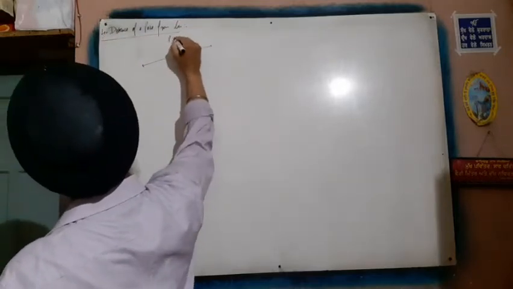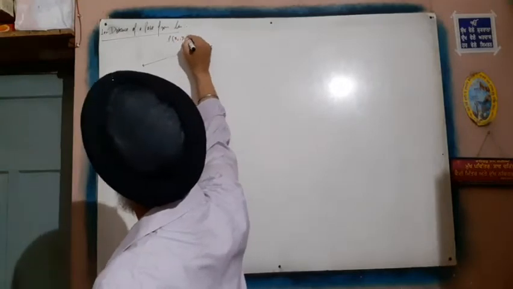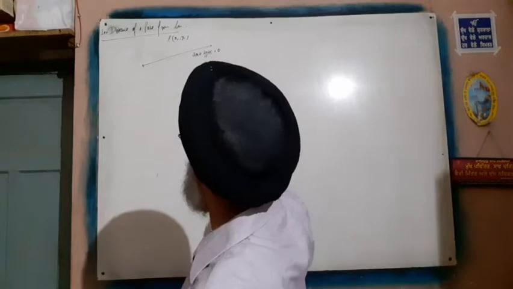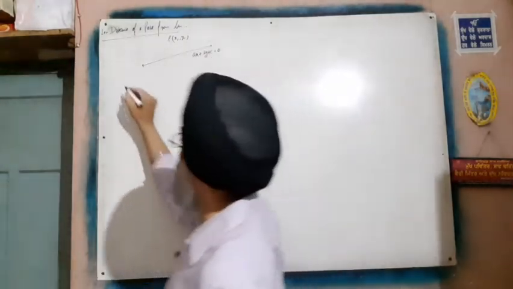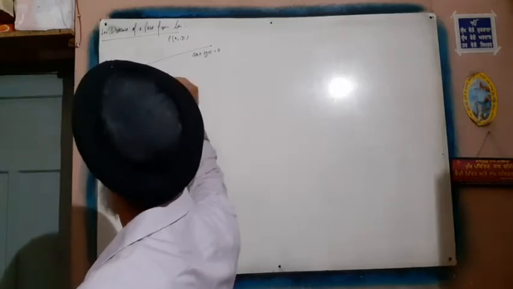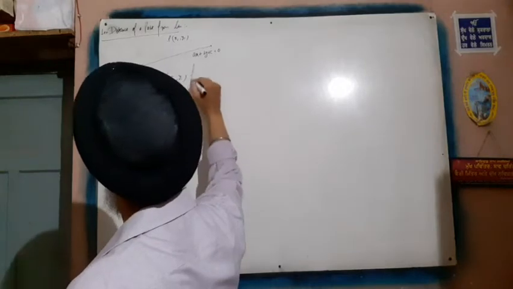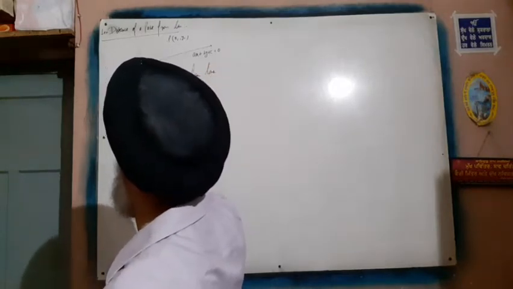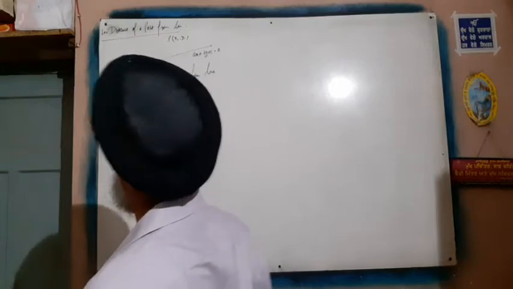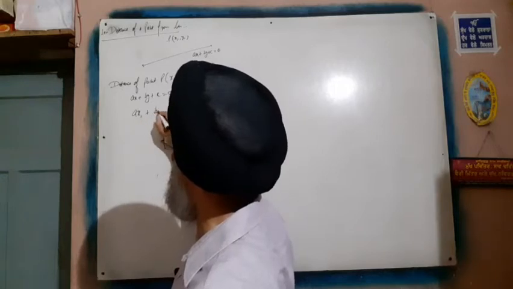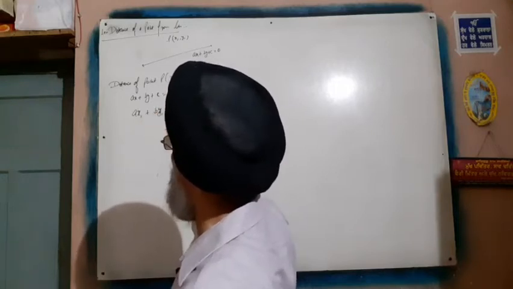Let the point be P (x1, y1), and the line be ax plus by plus c is equal to 0. So the distance of point P (x1, y1) from the line ax plus by plus c is equal to 0 is given by mod of (a x1 plus b y1 plus c).